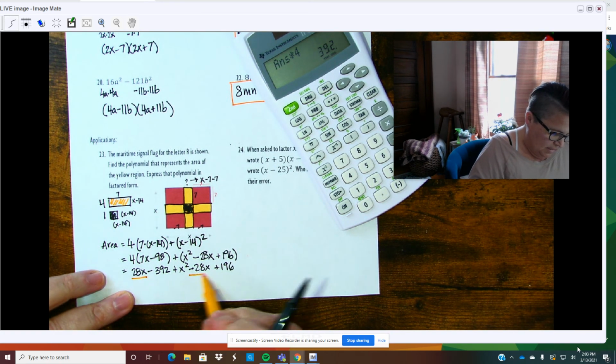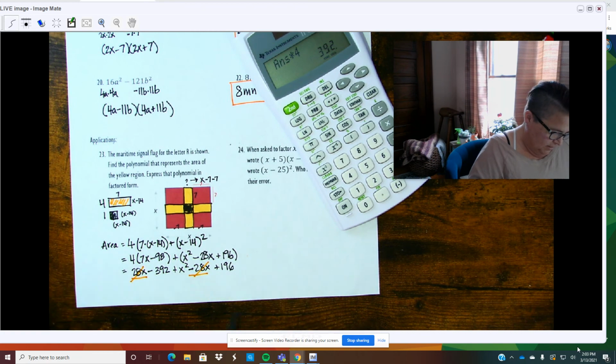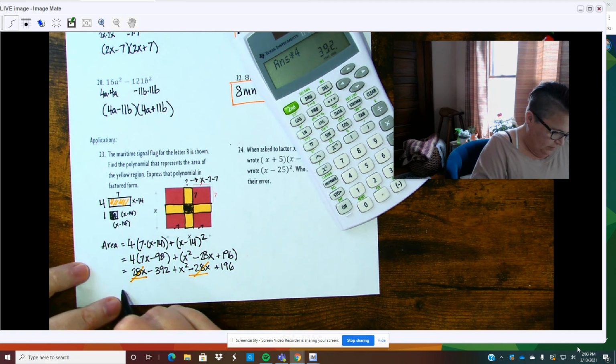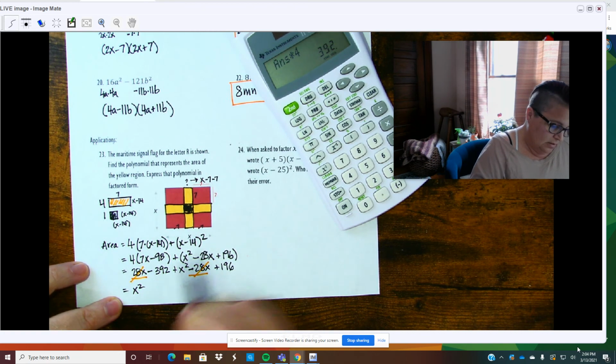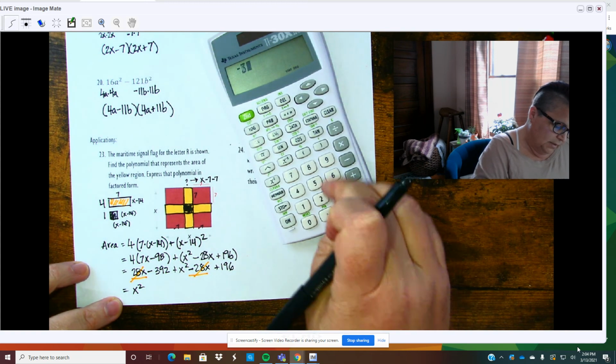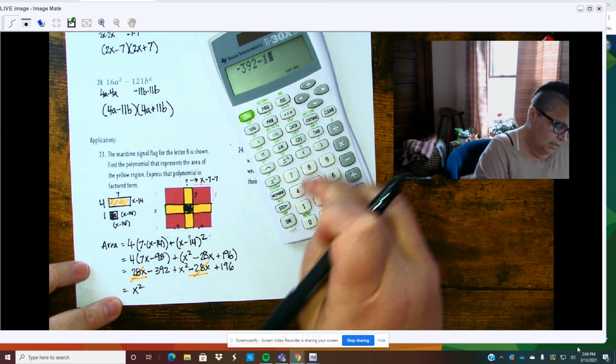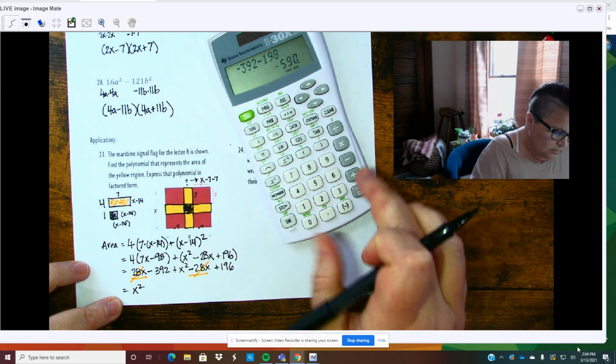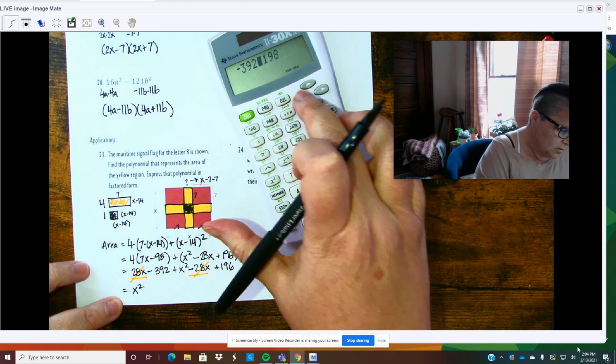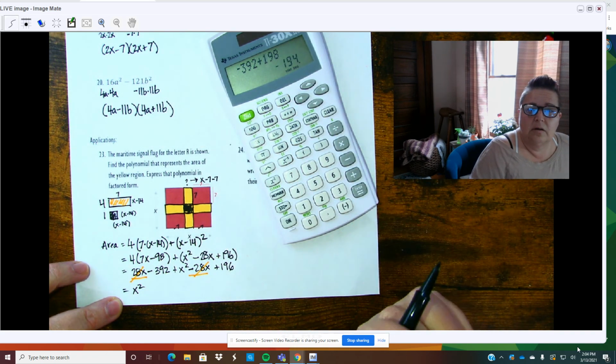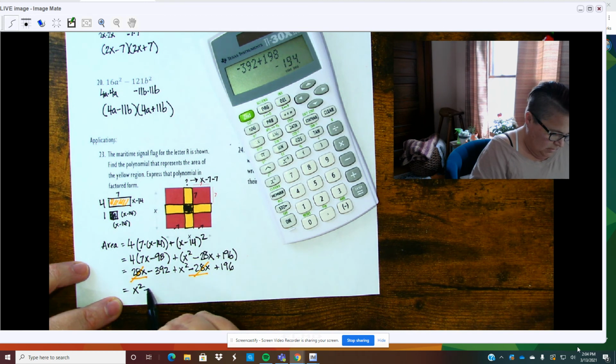Oh, okay. Well, there's a couple of things in my favor, right? That positive and negative will cancel out. That's good. And I'm left with x squared. I've got a minus 392 plus 196. Whoops, I got to do plus. Here we go.